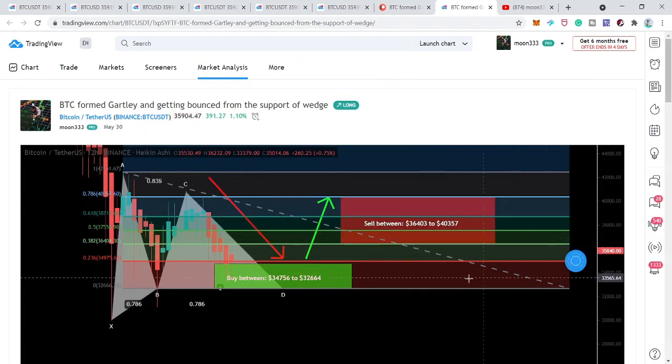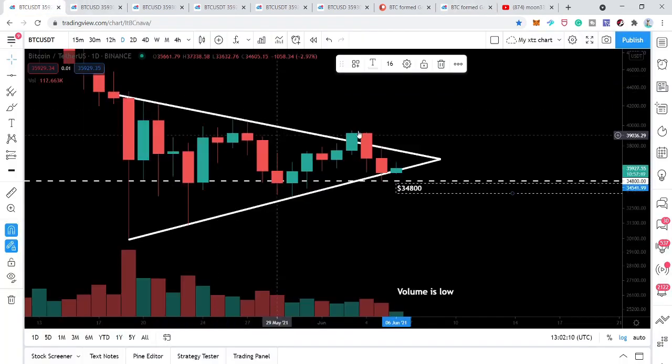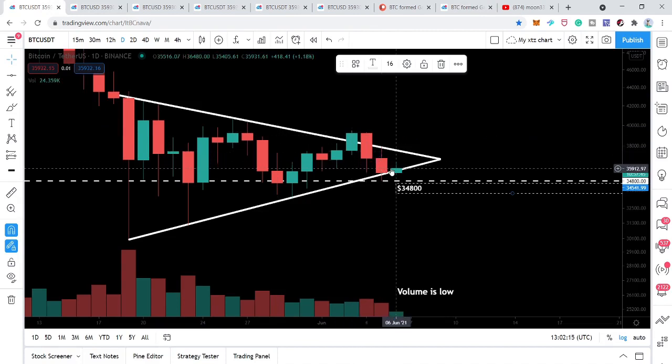After playing this chart, we can see that the price action turned bullish, and here the price line formed this bullish cipher pattern on the daily time frame chart above this buying zone. At the same time, when the price action turned bullish from here, the price line also moved up from the support of the triangle and reached the resistance, and here we got the rejection by the resistance, and then the price action moved to the support again.